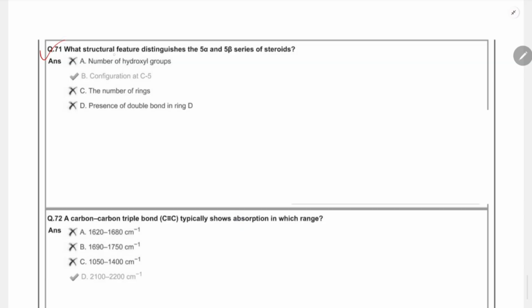The question number 71, what structural feature distinguishes the 5 alpha and 5 beta series of steroids?